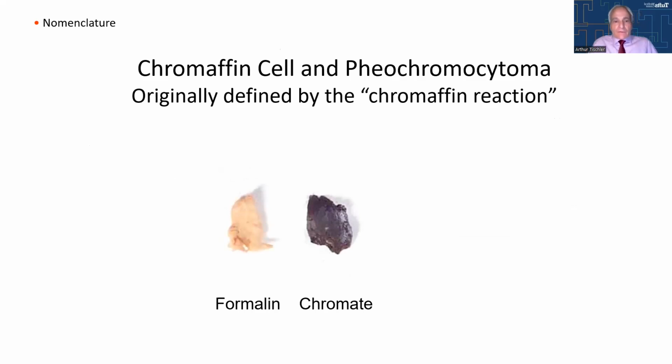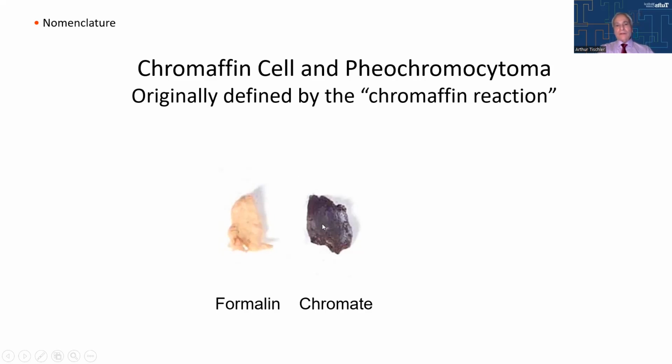It was found that if you fix a piece of adrenal medulla in some ordinary fixative, not very much will happen. However, when the same tissue is fixed in a solution of chromate salts, a dark reddish-brown color develops.